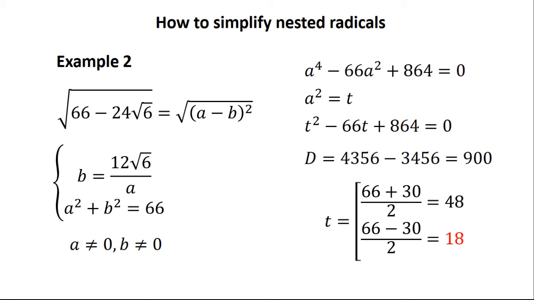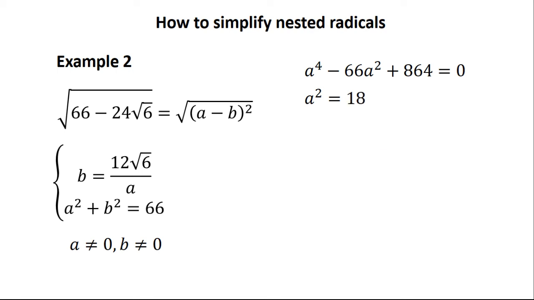Now go back to our substitution, and using it we obtain the value of a: 3 times square root of 2, and minus 3 times square root of 2. And again, we can choose any of these numbers. And of course, I choose the positive. And finally, we should calculate term b. Using the first equation of our system, we obtain b equals 4 times square root of 3.